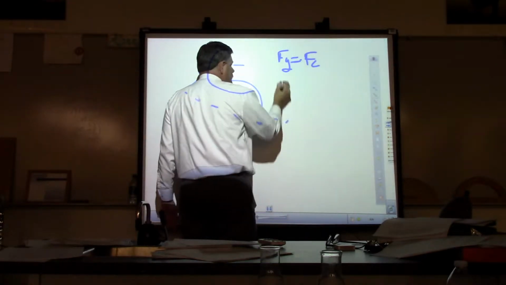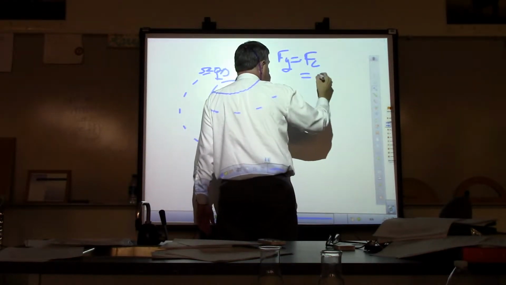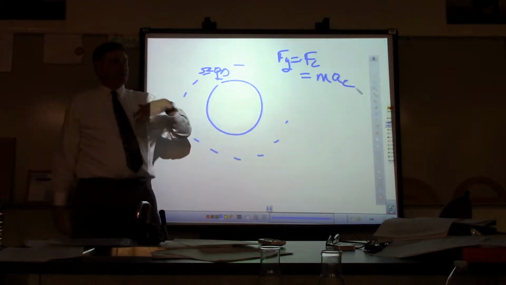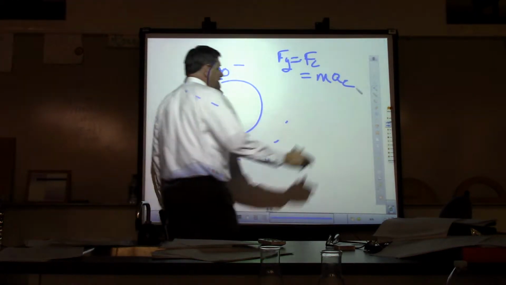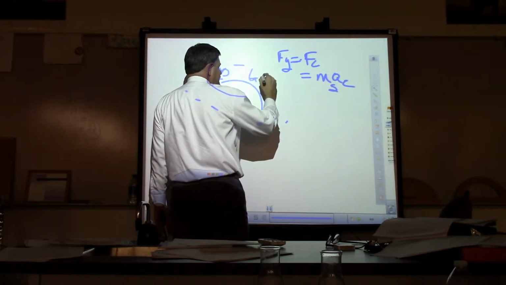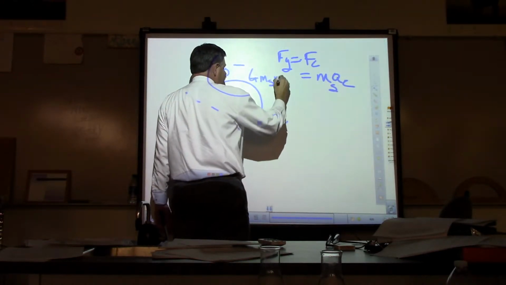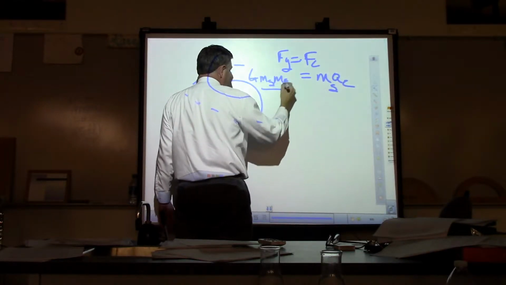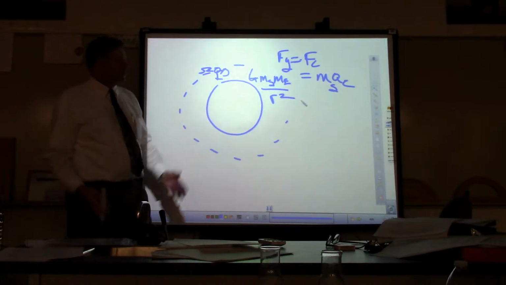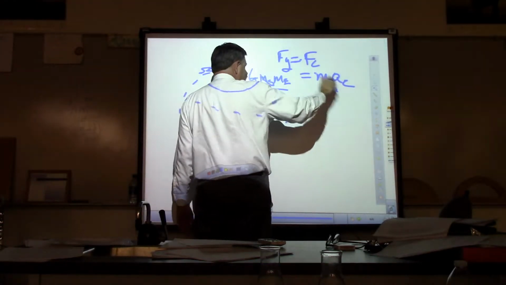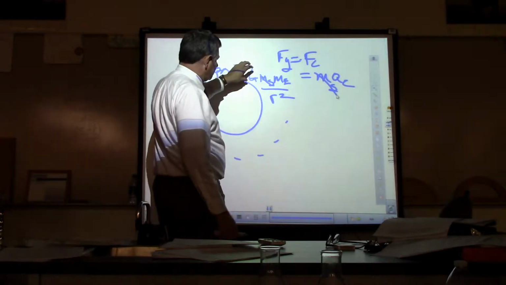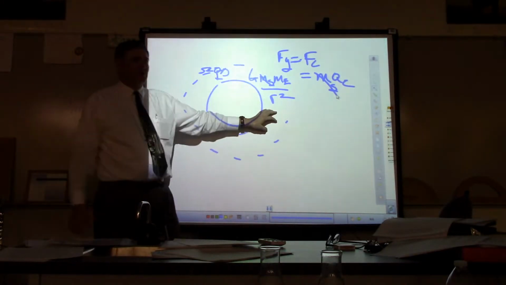Now, this centripetal force is generally mass times centripetal acceleration, and that's going to be the mass of the satellite. That's going to equal big G times the mass of the satellite, mass of the Earth, over R squared. Well, that's kind of cool. The satellite mass cancels out. Those always drop out.